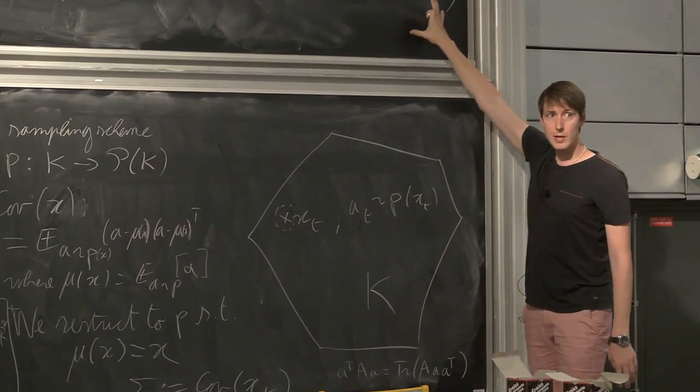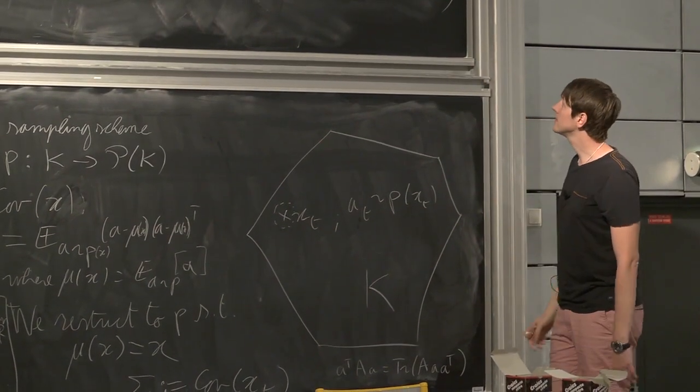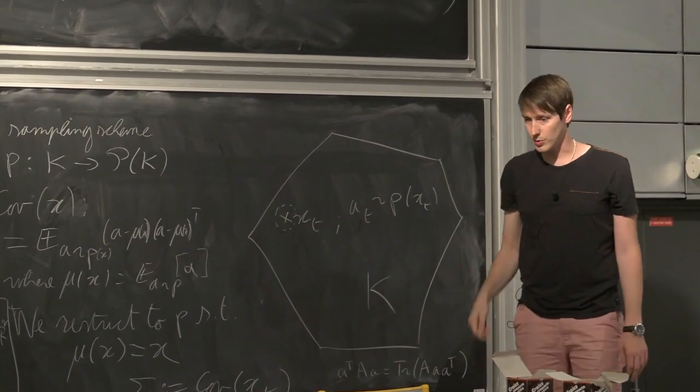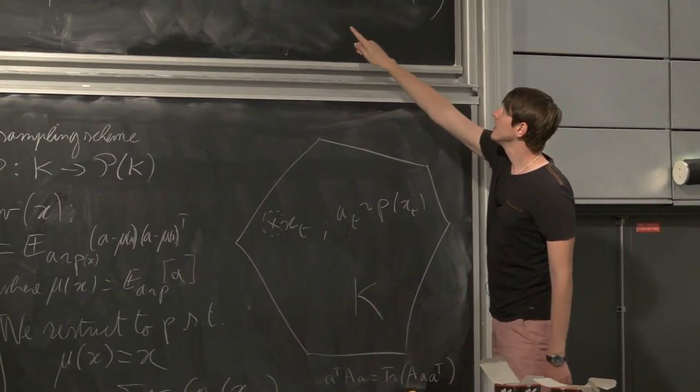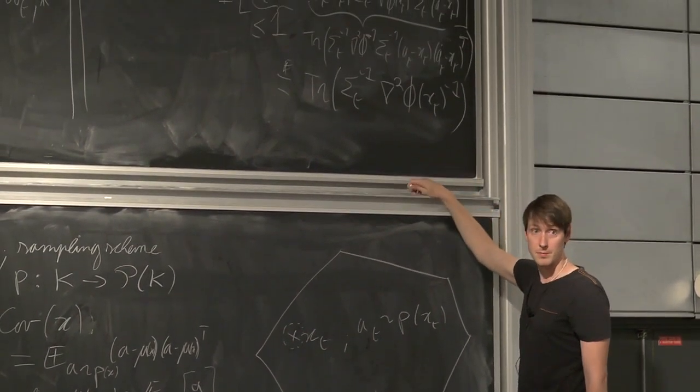Okay, so now we're going to look this term in the eyes and really try to understand it. What does it mean? I just said the variance is bounded by this thing.